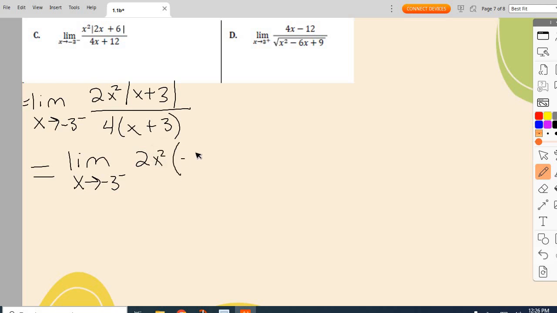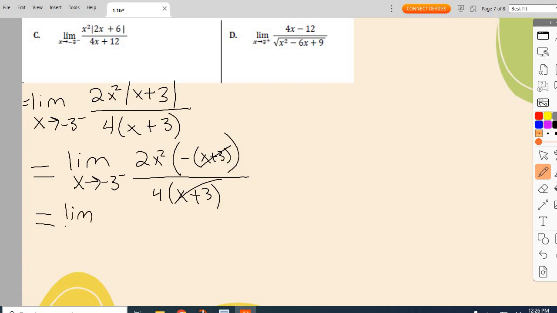So we have the limit as x approaches negative 3 from the left of 2x squared times a negative x plus 3. Now, what happens? My x plus 3's reduce, so we're left with the limit as x goes to negative 3 from the left of negative 2x squared divided by 4.